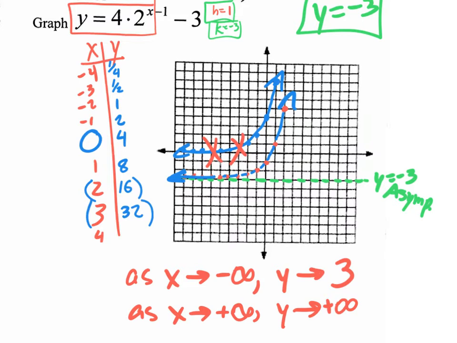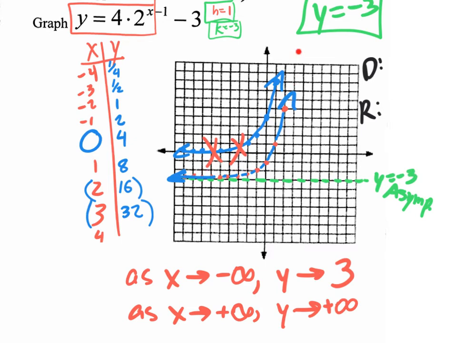What else could we talk about with this graph? Let's talk about the old school domain and range. Your domain are your x values, right? Does this graph go to the left forever? Yeah, it does. Does it go to the right forever? Yes, it does.